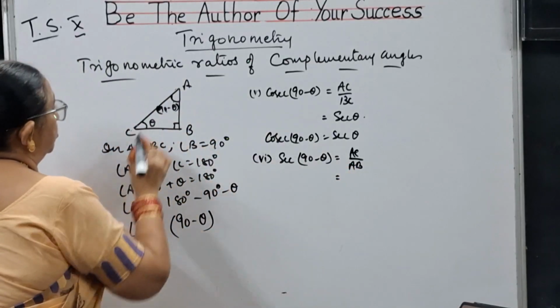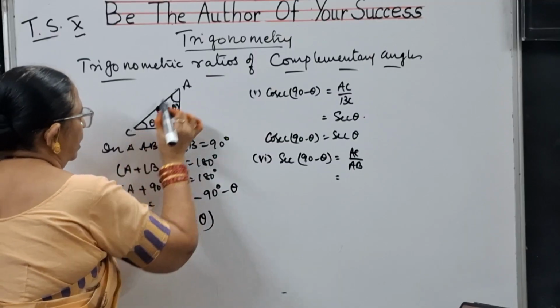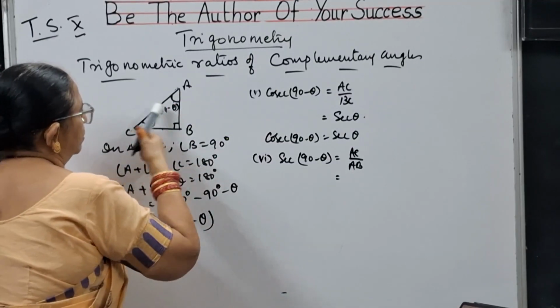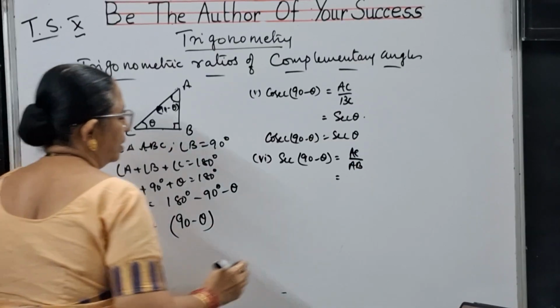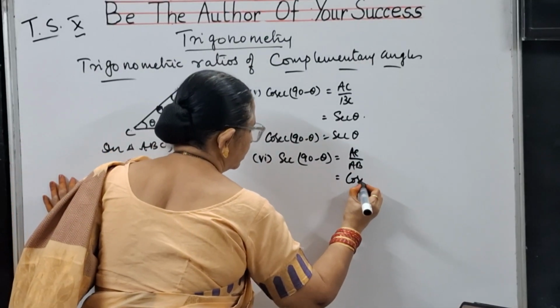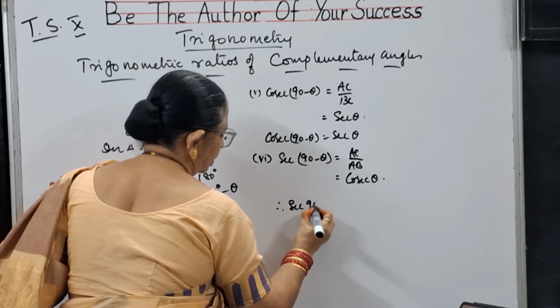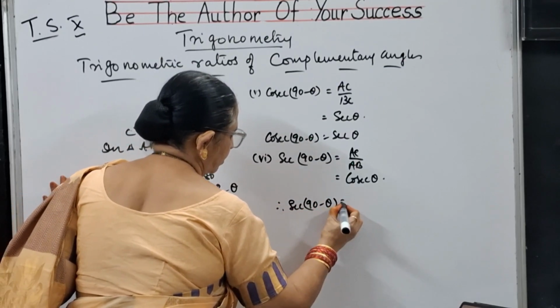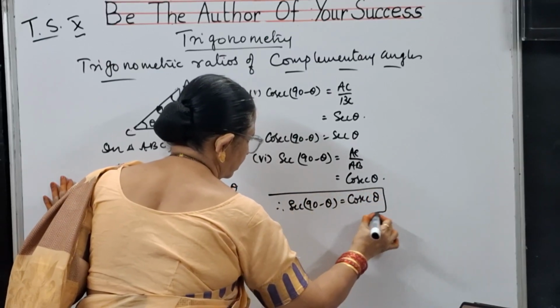So AC by AB under theta. For this theta, AB is the opposite side and this is the hypotenuse. Hypotenuse by opposite side is the reciprocal of sine theta, that is cosecant theta. Therefore, secant 90 minus theta is equal to cosecant theta.